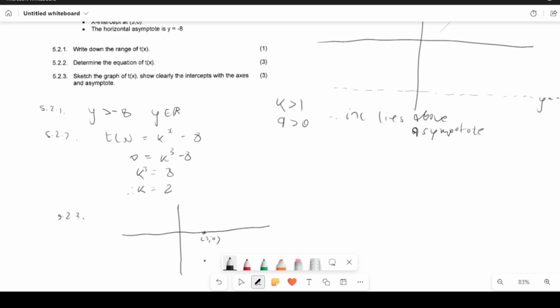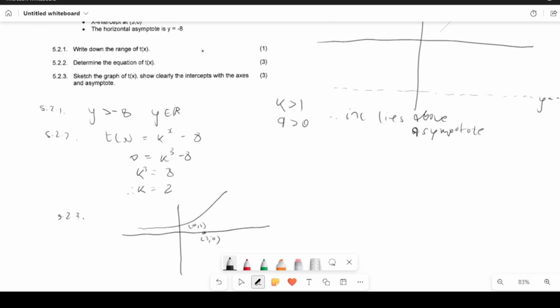Remember for the parent function, the parent function is a function that has no transformations and no translations. The parent function assumes a shape as such and has a y-intercept of 0 and 1.